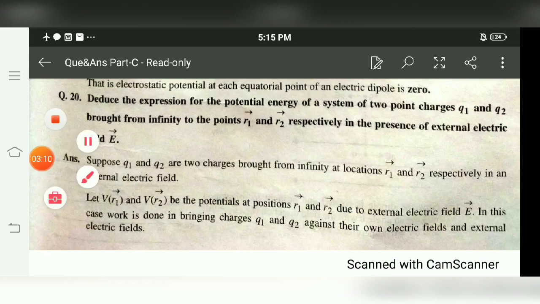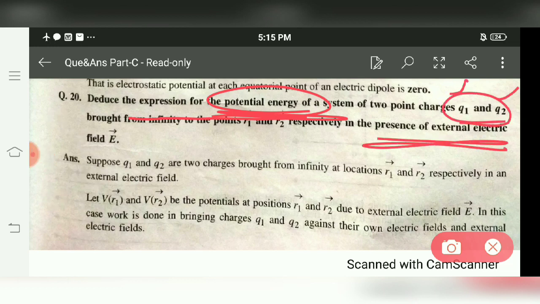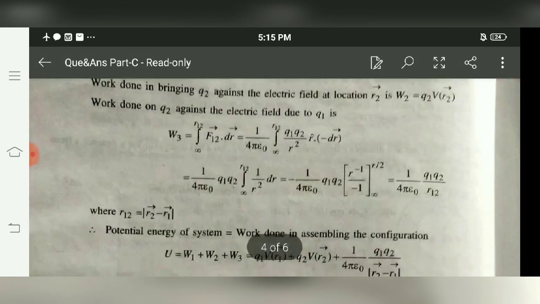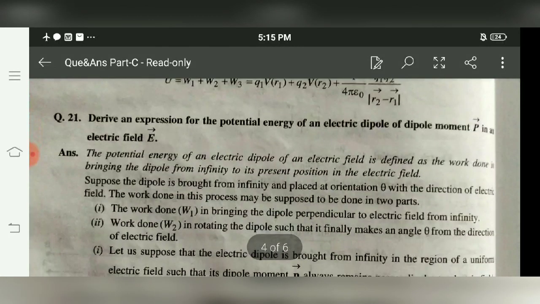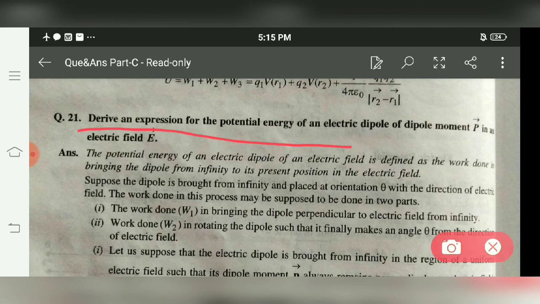This is the work done, the electric potential energy of assembling a system of two charges Q1 and Q2 in the presence of an external field. These cases we have discussed. I have just added these images to the PDF so that I can tell you how they can ask that derivation in the form of questions. Next is: derive the expression for potential energy of an electric dipole of dipole moment P in an electric field.